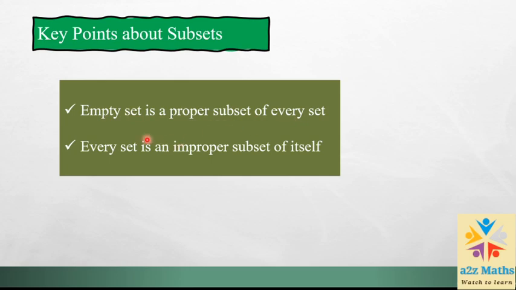I repeat, empty set is a proper subset of every set. Second, every set is an improper subset of itself. As you saw in the previous example, A is an improper subset of B, or B is an improper subset of A. So every set is an improper subset of itself.